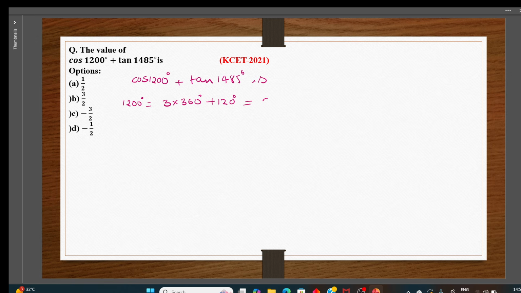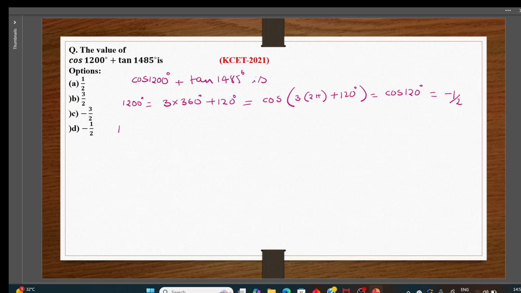So in the cos function, cos of 3 into 2 pi plus 120 degrees is the same as cos 120 degrees. Cos 120 degree value is minus 1 by 2. Cos 120 degree is equal to minus 1 by 2.